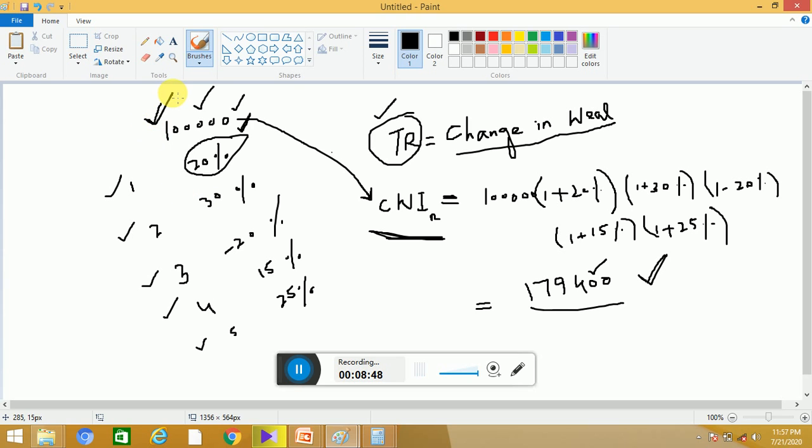It was 100,000, and after 5 years it becomes 179,400. So the cumulative wealth index gives us information about our wealth after n periods of time. Total return is just telling us about the change in wealth, that there is a 20% change, there is a 30% change, but it is not giving information about your total wealth.